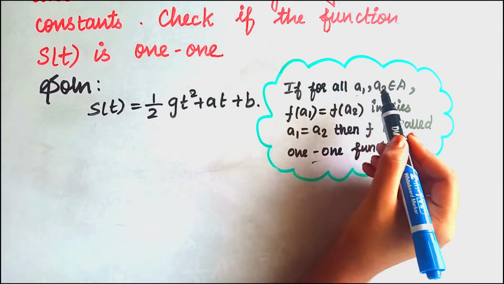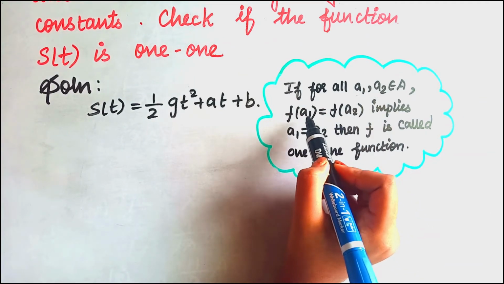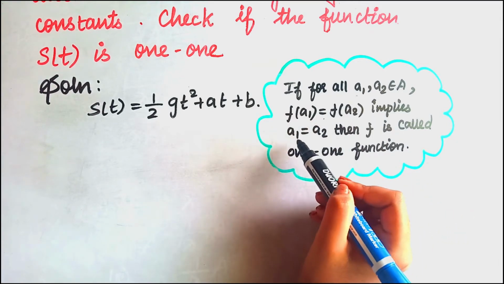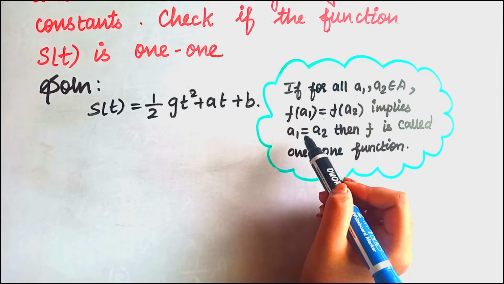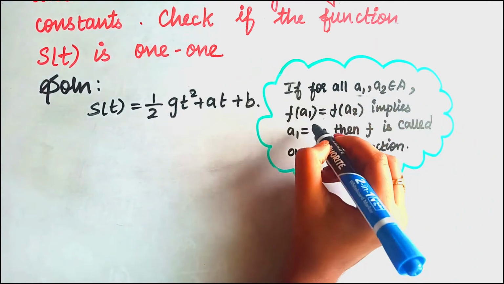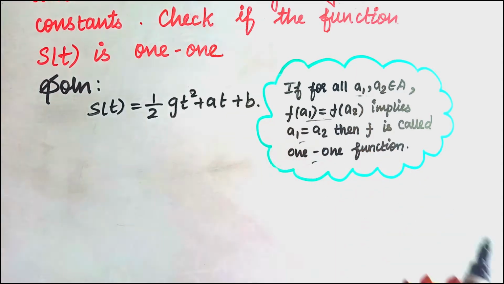If the function values of these two elements are equal, then the elements must also be equal. So these are the key rules. We need two elements and then the function values must be equal, so that we have to prove that the elements are also equal. So this is the definition of one-to-one function.